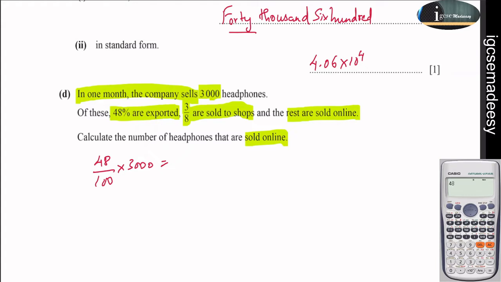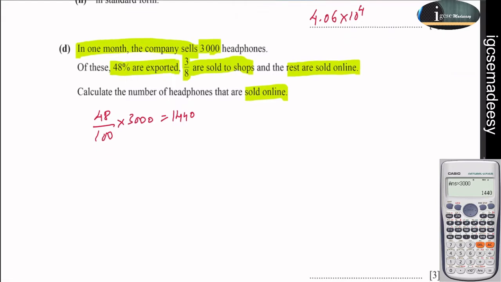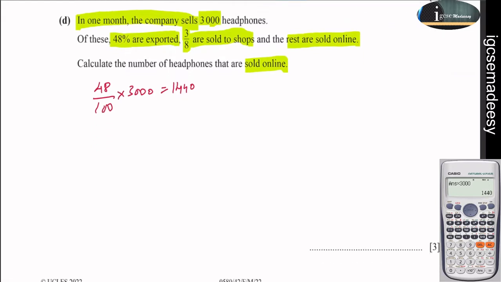So 48 divided by 100 times 3000. Make sure that you change the mode back to degree if you were using scientific. Then how many are exported? 1440 are exported out of 3000. Now 3 by 8 are sold to shops, so 3 by 8 out of 3000 are sold to shops. Let's find out that also.